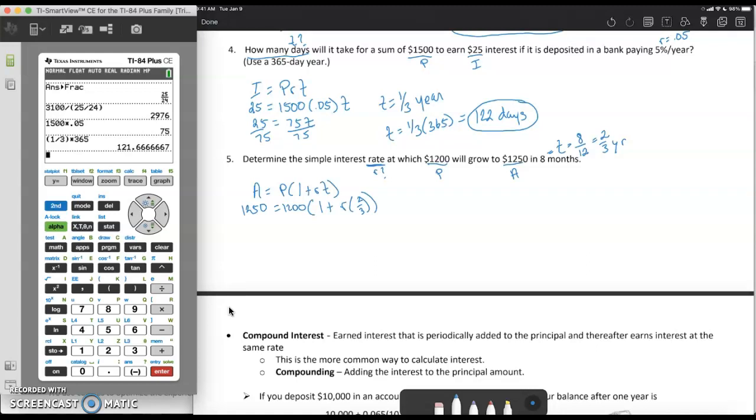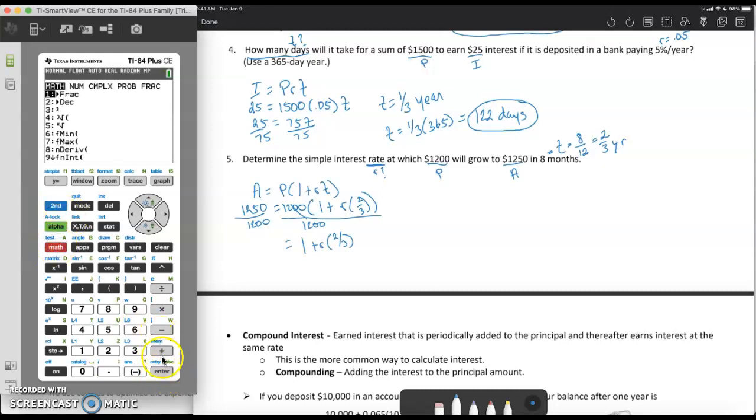Okay, so to solve this, I have to kind of go from the outside in. First, I need to divide by 1,200 on both sides to get rid of that. So 1,250 divided by 1,200 does not come out nice, so I'm going to try a math fraction on it.